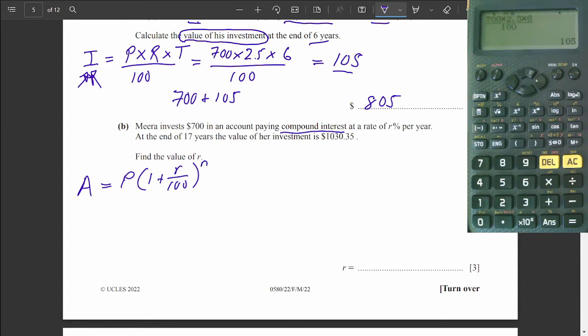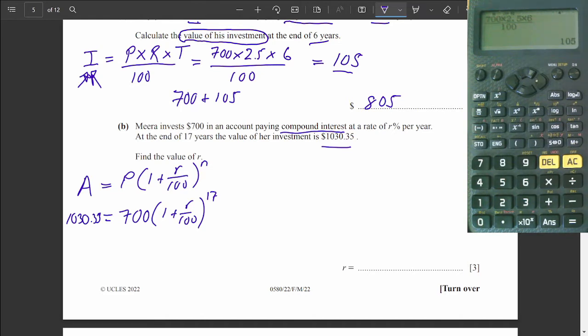So let's put in there what we have. Right, we got Mira, she invests 700, original amount, at a rate of R, we don't have that, okay, for 17 years, and then her investment is worth 1,030 and 35 cents.